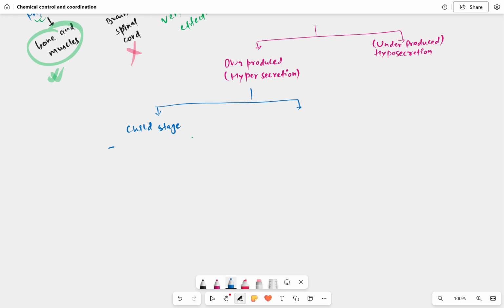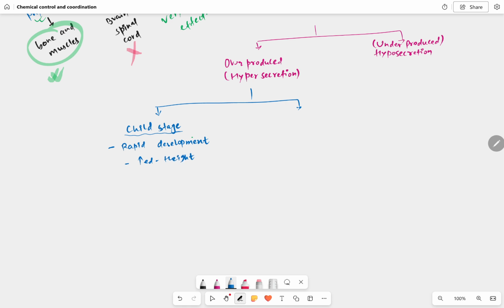The child will show rapid growth, rapid bone elongation, and the overall height of the child is increased.